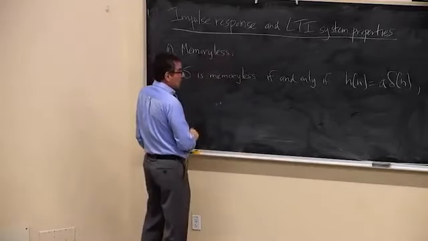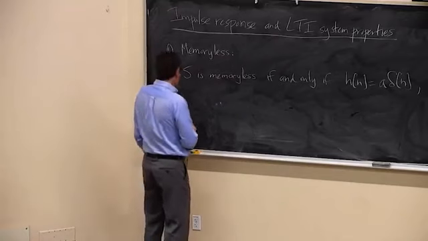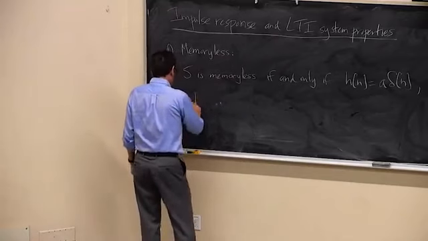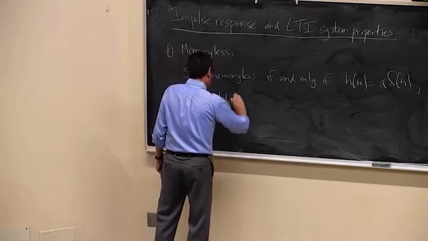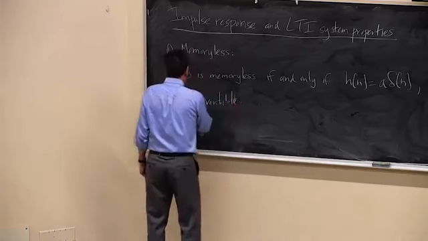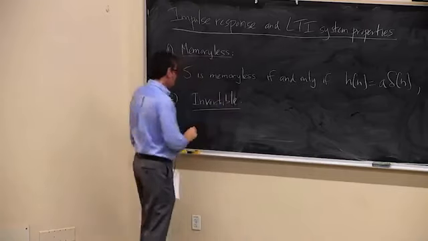The second one, actually, I'm going to do them slightly out of order here. Well, that's all right. I'll just do it here. It'll fit. So what about invertible? How do we tell whether or not the system is invertible?